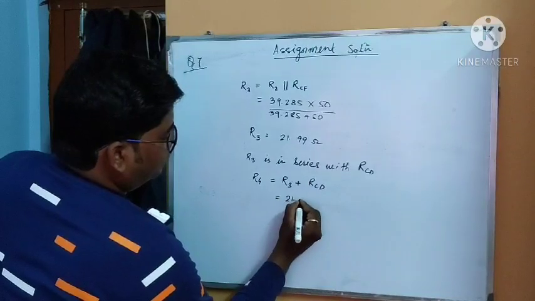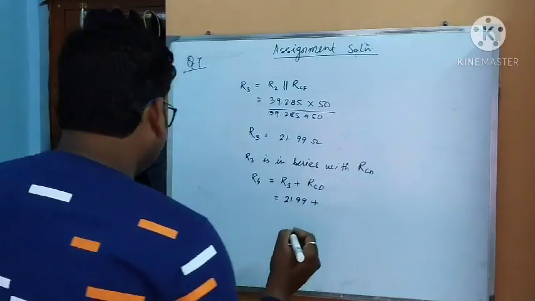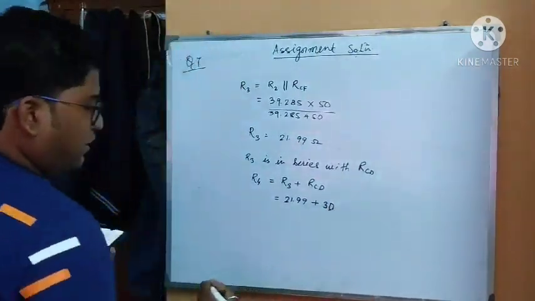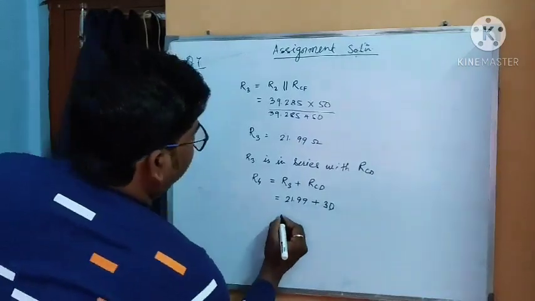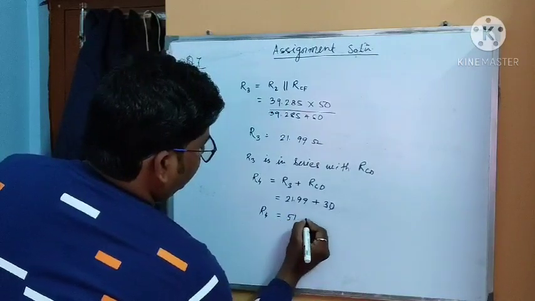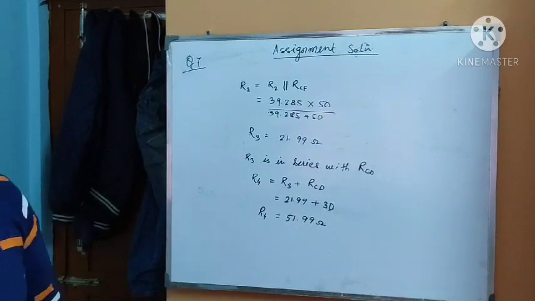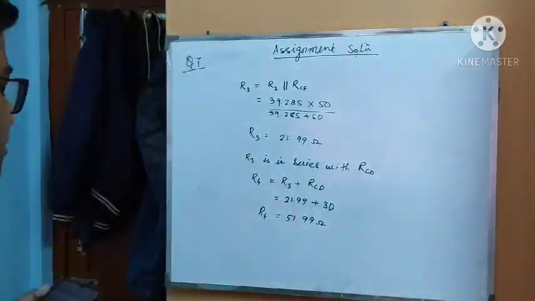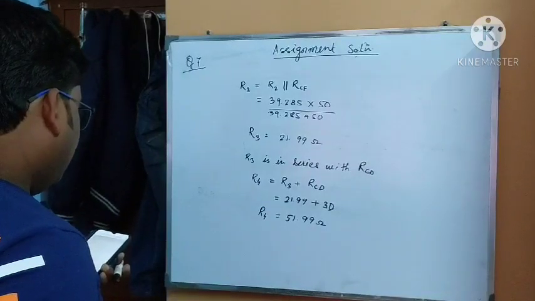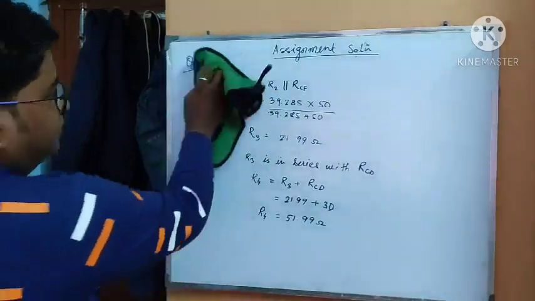R3 we have calculated as 21.99 and the value of RCD is given as 30 ohm. So 21.99 plus 30. Okay, so this will give you the result of R4 equal to 51.99 ohm.